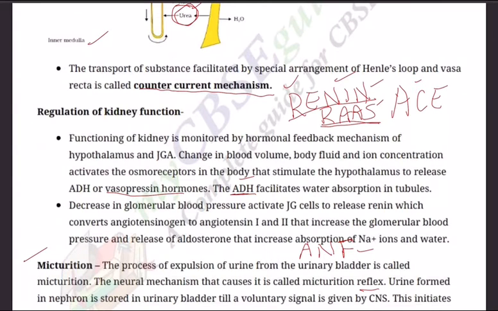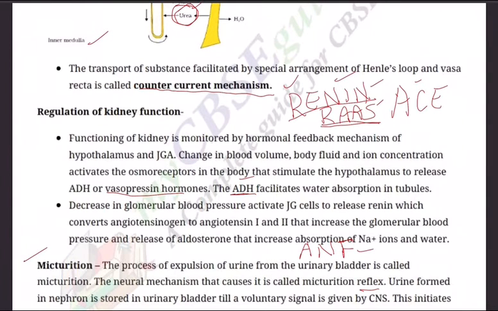RAS: R for renin, A for angiotensin, another A for aldosterone, S for system. Sometimes they will ask you one more question: expand RAS. Renin, angiotensin, aldosterone, system.